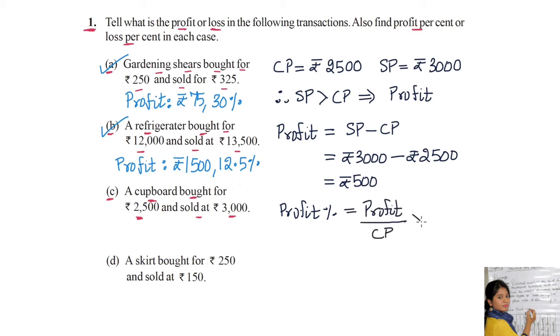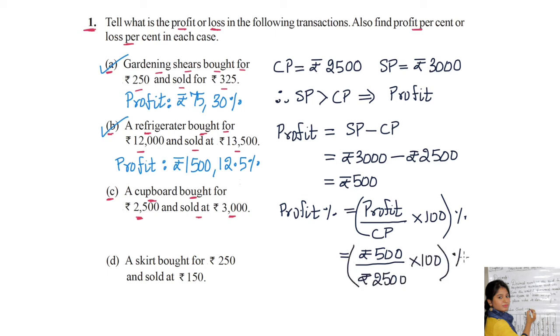So profit percent is equal to profit upon cost price into 100%. Okay, don't forget this point. So now let's put in the values: rupees 500, which is our profit, cost price is rupees 2500, into 100%.